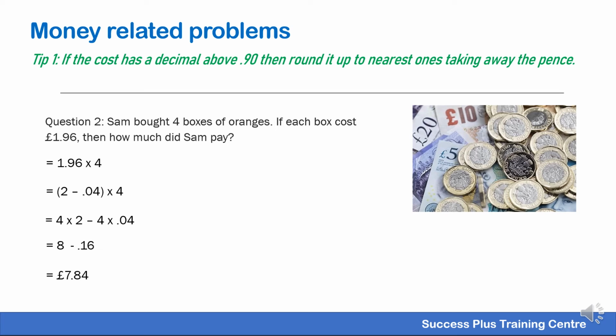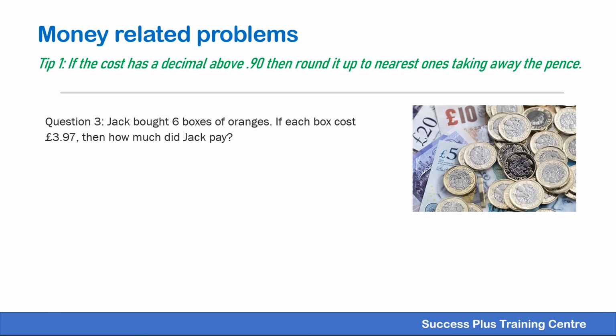Don't forget to use the brackets and times the formula by 4. That would leave you with 4 times 2 take away 4 times 0.04, which should equal 8 take away 0.16. And the value you should get is £7.84.